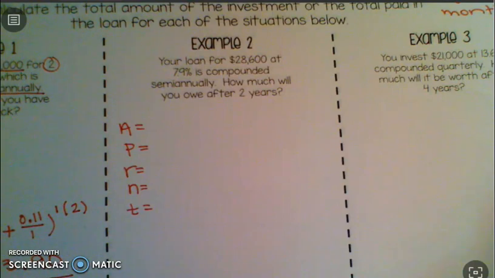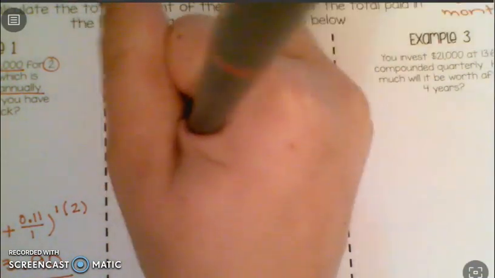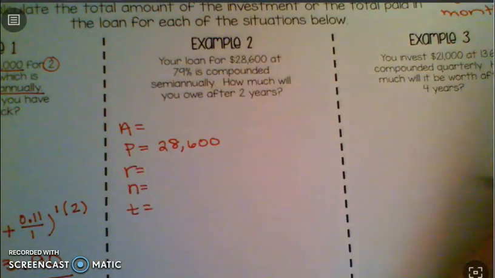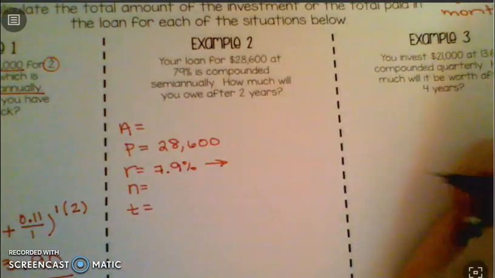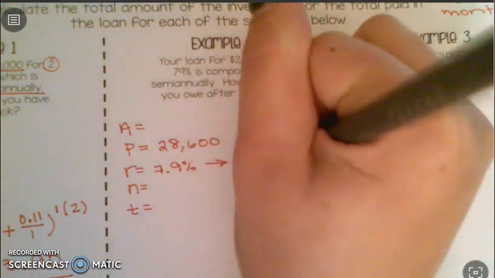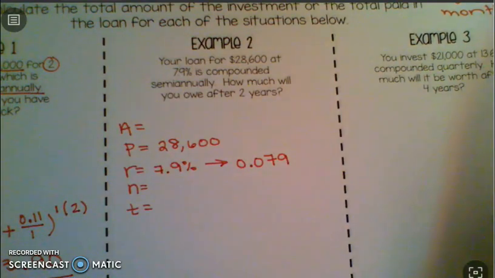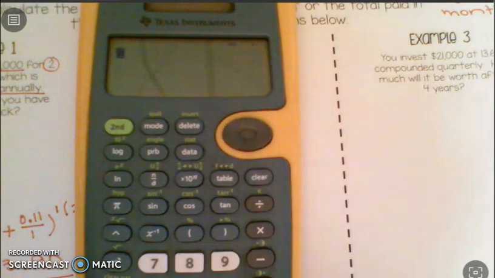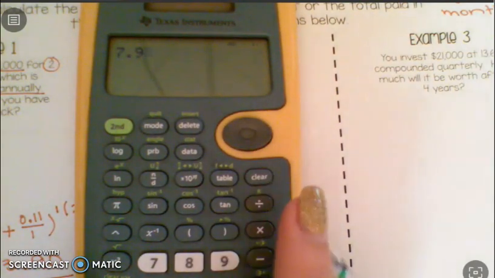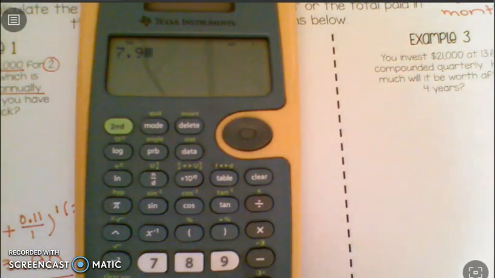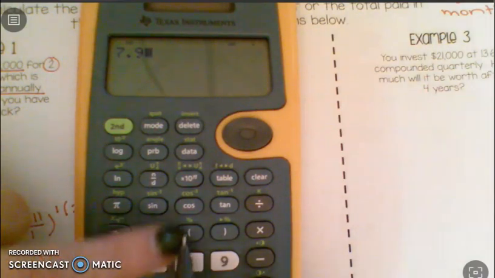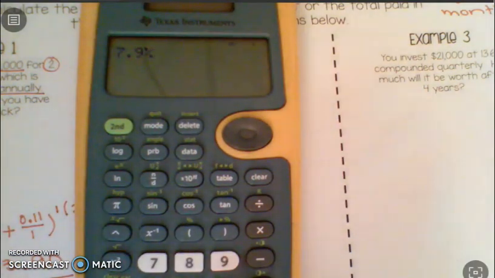Okay, so you should have already filled in these numbers. So the 28,600 is your P. Your rate is 7.9%, but as a decimal, that's 0.079. And if you forget, your calculator does it. So 7.9, second button, and then you press the parenthesis above the 8 to get the percent sign.